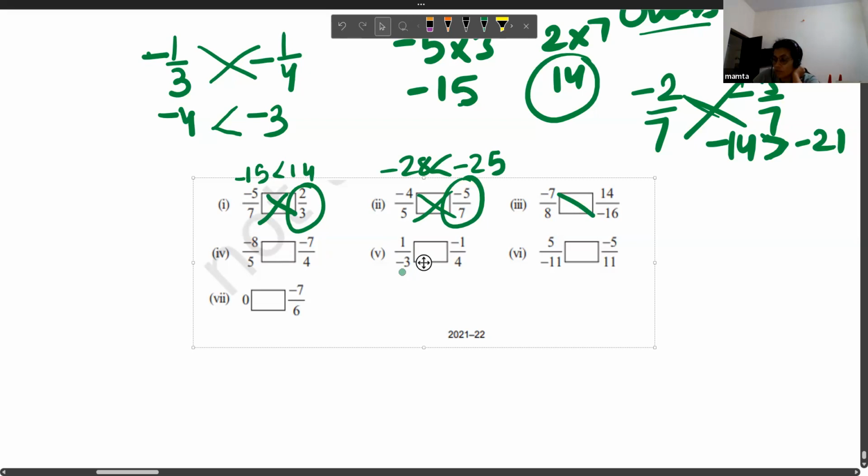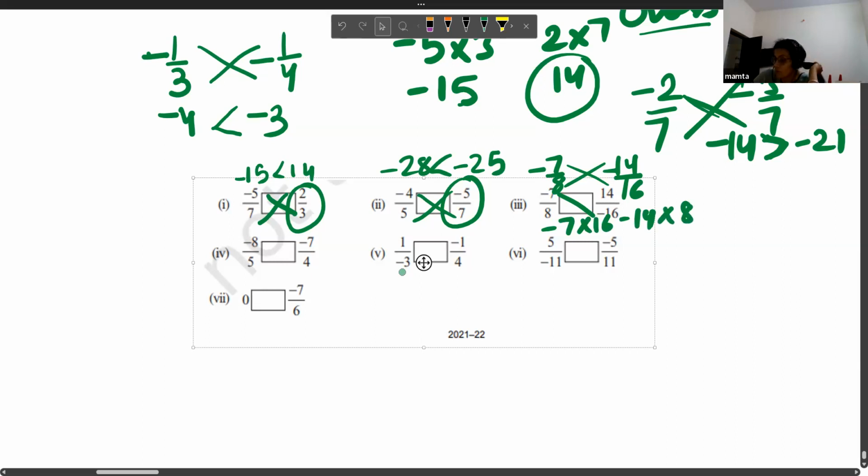Among these two numbers, see here, don't multiply the sign. If there is a negative sign, either in the numerator or denominator, just keep that negative sign in the front. Okay. And you have to cross multiply only numbers. So minus 7 into 16 and minus 14 into 8. Which number is greater?